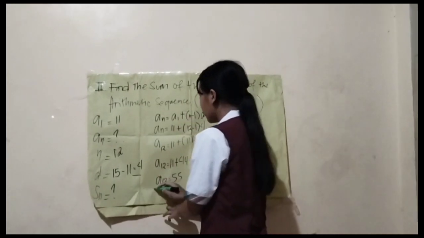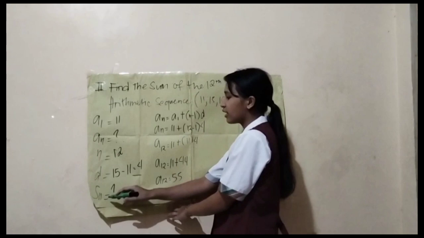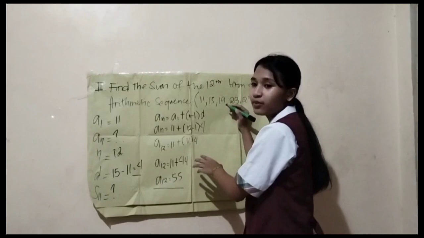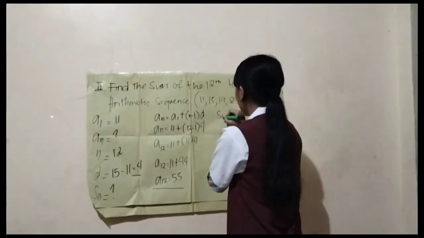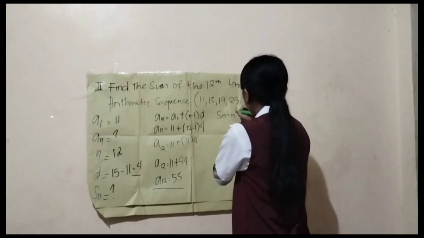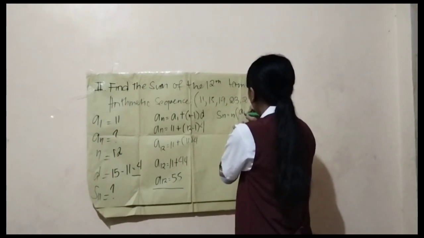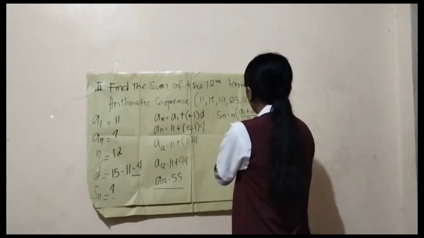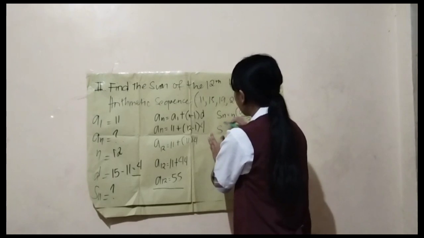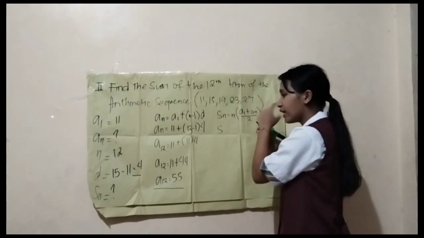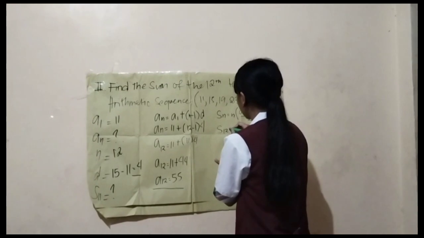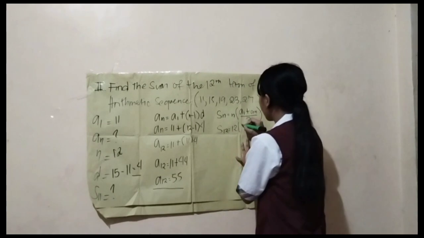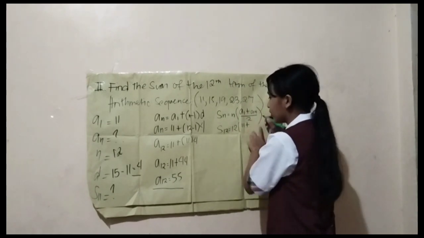Now, for us to get the value of s sub n, we will also be using the general equation, which is s sub n is equal to n times the quantity of a sub 1 plus a sub n, divided by 2. We would also substitute the value of n, which is 12, the value of a sub 1, 11, plus the value of a sub n, 55, divided by 2.